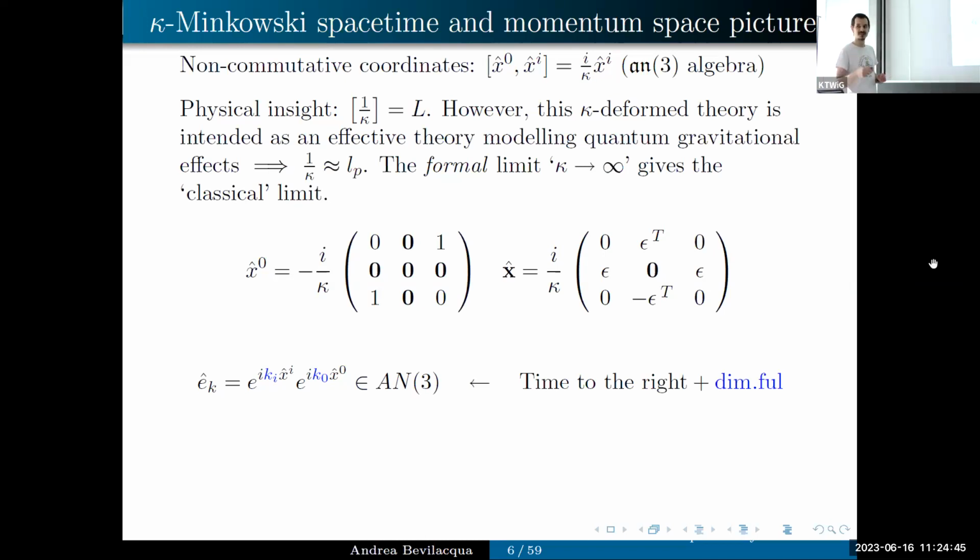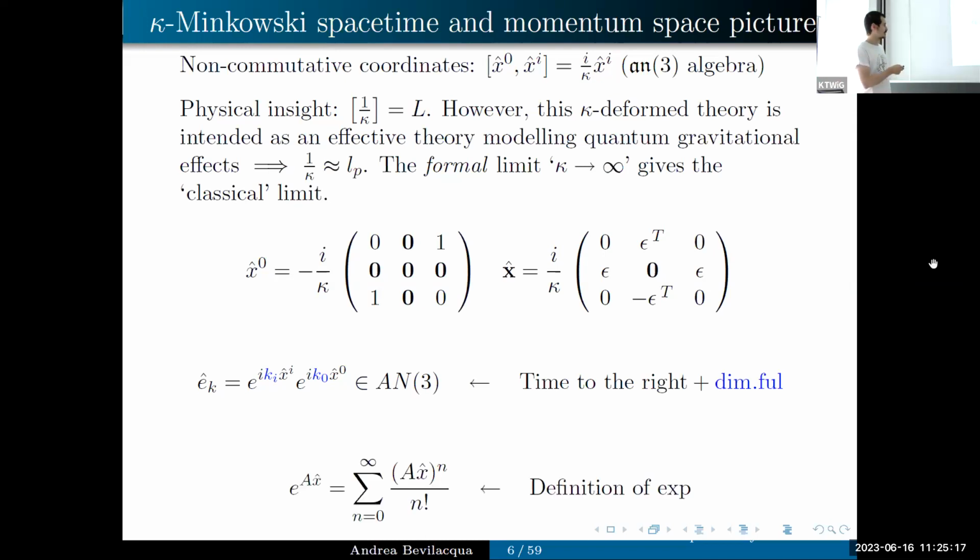Sorry, I just got it wrong. When you take the dagger and multiply it, this is not easy. But thanks for the question. Yes, I was wrong saying that this is anti-Hermitian because it's not true. I will show you in a minute.